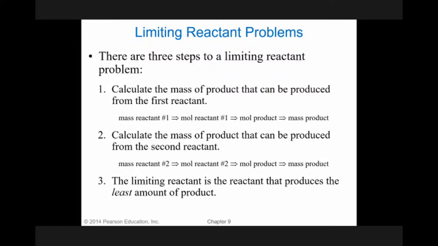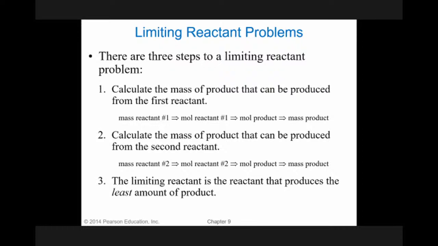All right. Number 1, calculate the mass of the product that can be produced from the first reactant. Mass of reactant 1, mole of reactant 1.